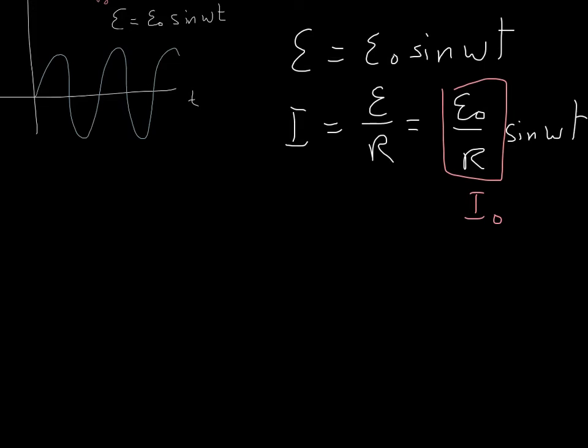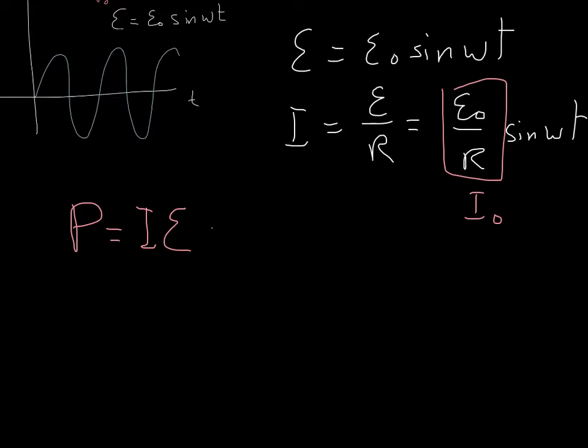Now, how about the power? Well, power cannot be negative. So if we're doing things properly, power better not be negative or we will be in trouble, right? Now, we know that power can be calculated as the current times the EMF. And we have both, right?